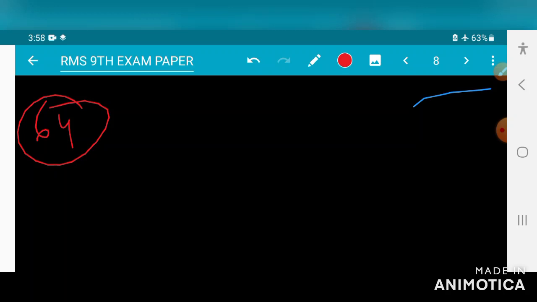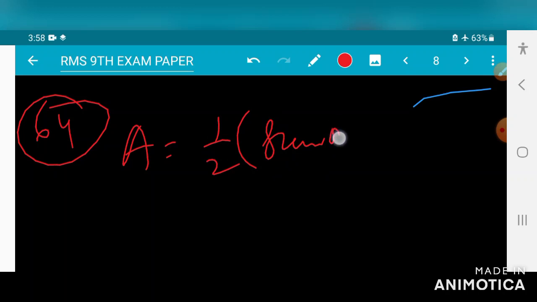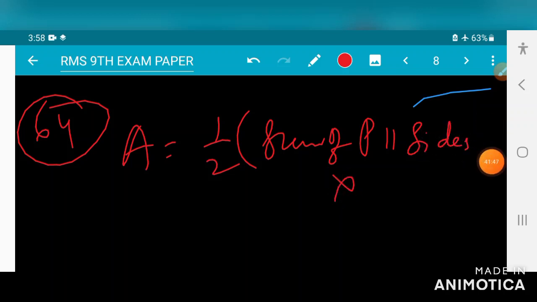What is the area of a trapezium? Area of a trapezium is half of the sum of two parallel sides into height.